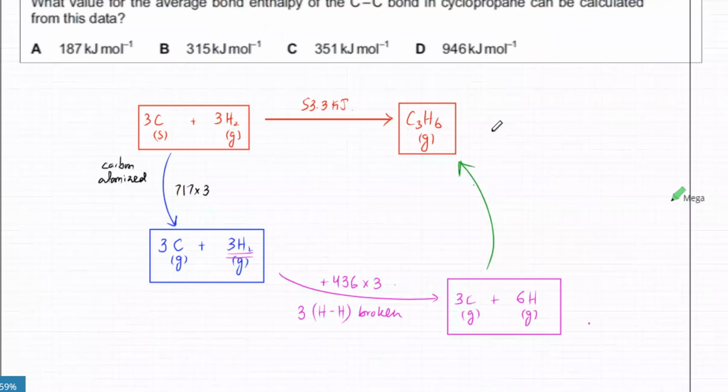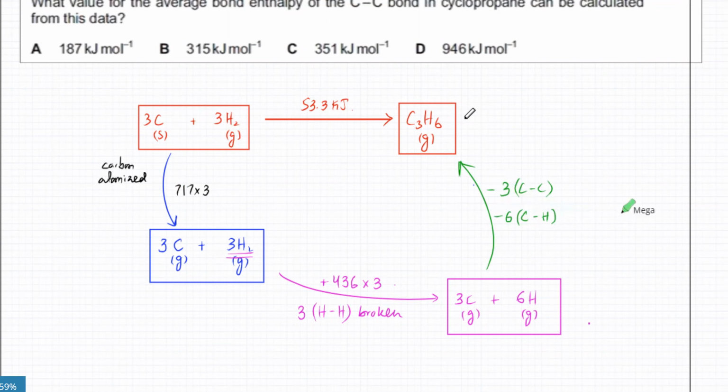So if I want to make this molecule from this point and complete the cycle, I would have to make 3 bonds of carbon and carbon, and 6 bonds of carbon and hydrogen. And since I'm making bonds, this value would be negative. Remember, when you're forming bonds, that's exothermic.